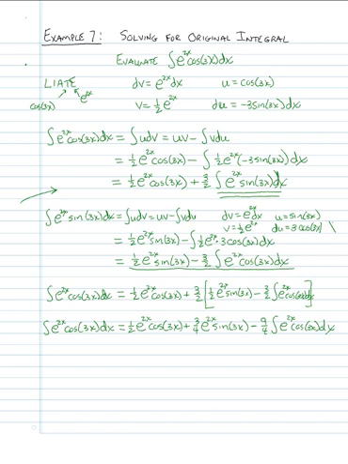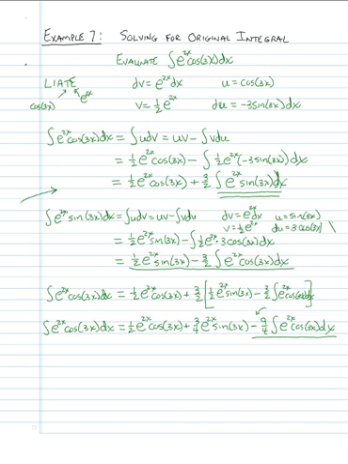Now, again, you're still thinking we haven't gotten anywhere. But notice, the secret really is the fact that we have a minus sign right there. If we take this whole expression and add that integral to both sides, you'll notice that we'll end up with that integral being only on the left side. So I'm adding 9/4 times the integral of e to the 2x cosine 3x dx to both sides.